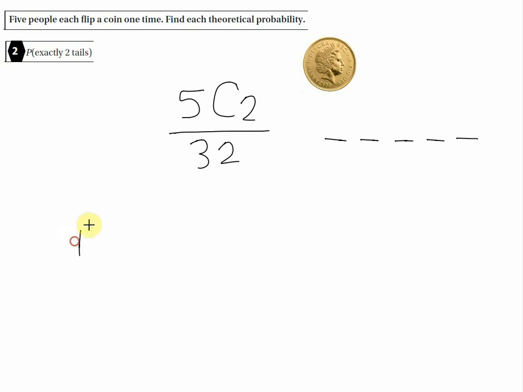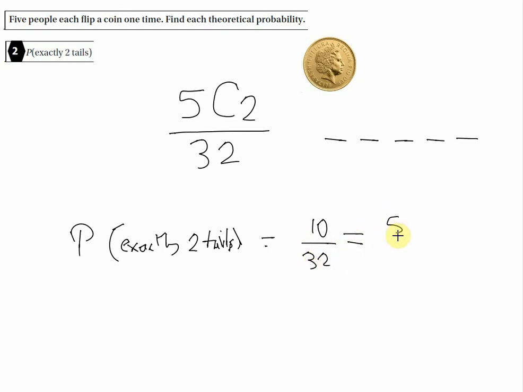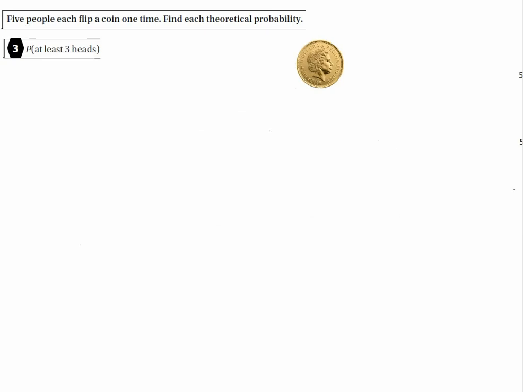P of exactly 2 tails will be 10 over 32 or 5 over 16. Of course, we can multiply by 100% to get it in the simplest form if it's required, but we accept this result. Let's go to the third part of our example.